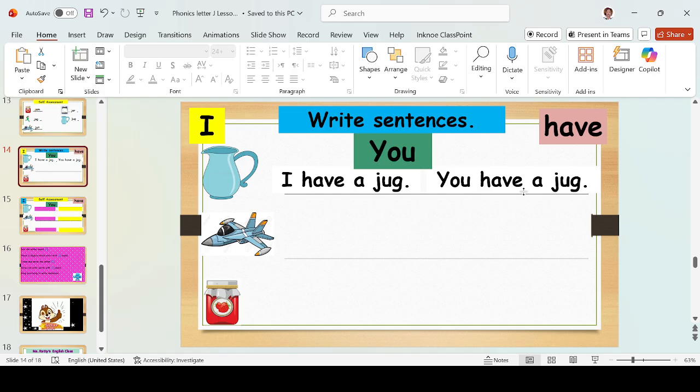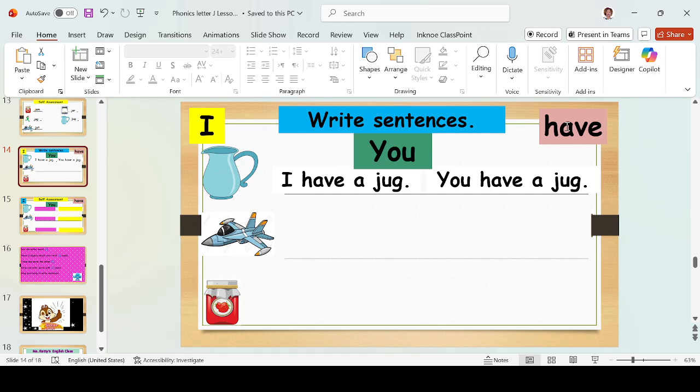You have a jug. We are going to write I. This is the word I, and the word you, and the word have. You need to learn these words and practice to write sentences with these 3 words.